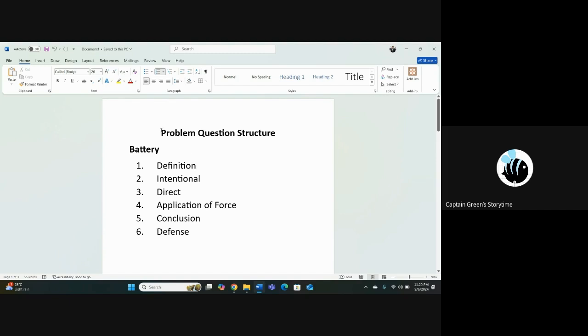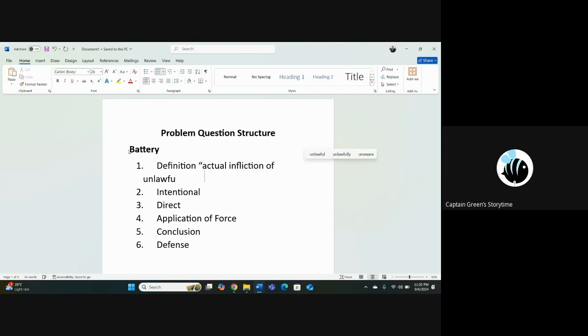keep in mind that first of all, coming towards battery, whenever solving a battery question, you must first of all define what is battery. Okay, you must give a definition of battery, which I already stated in the last lecture, that it is the actual infliction of unlawful force on another person.